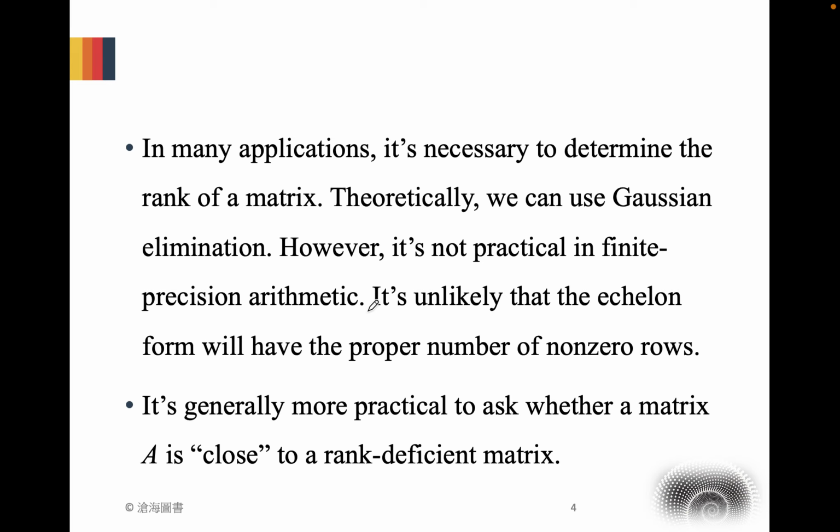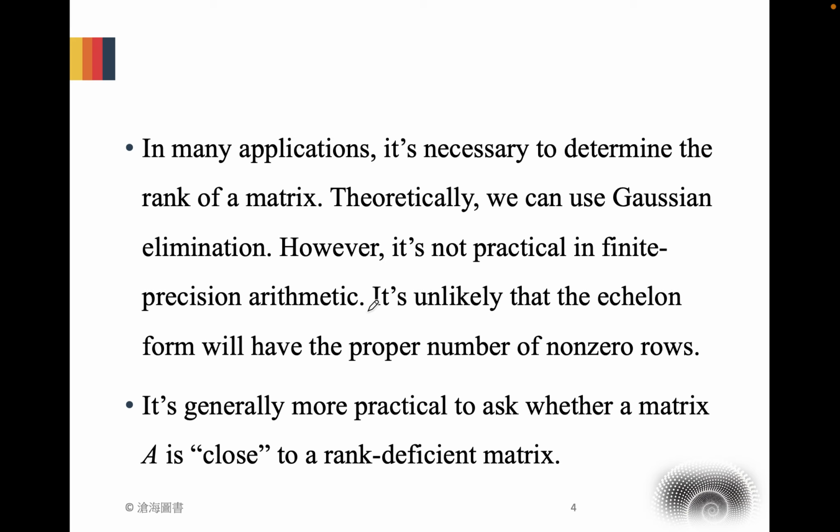After a series of Gaussian elimination, many values in the matrix would be very, very small. Because we don't have infinite precision, many numbers will not be equal to 0, but very close to 0.